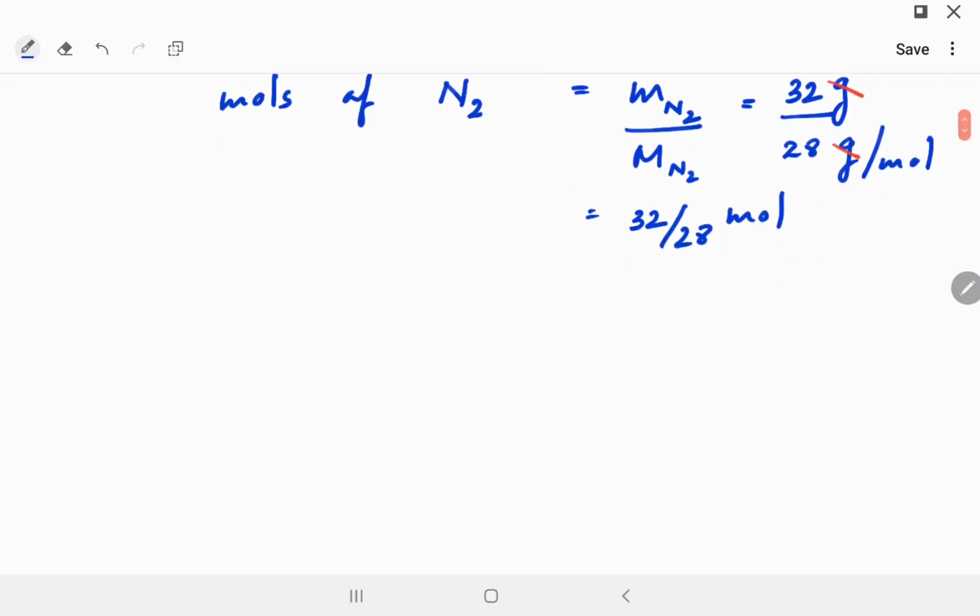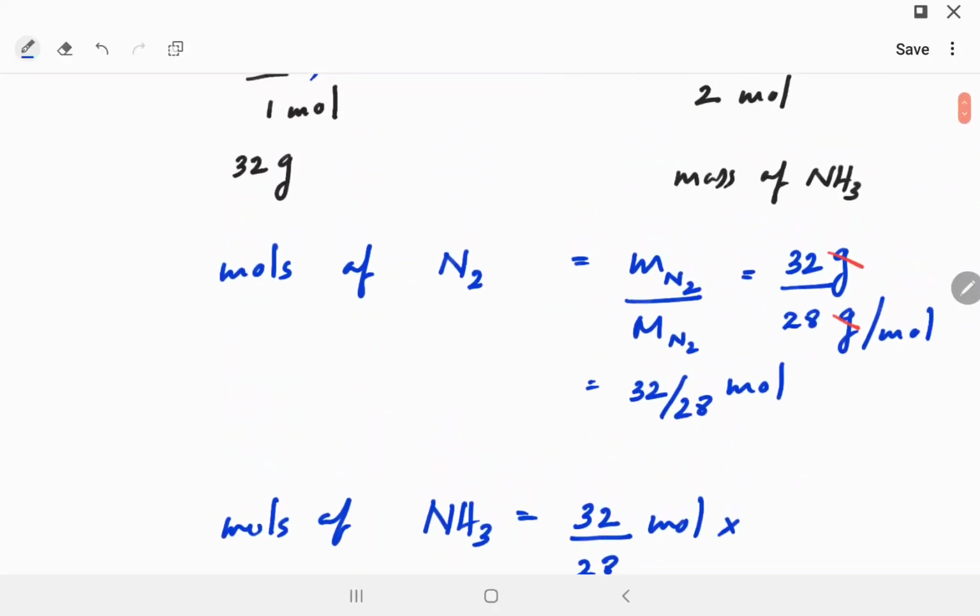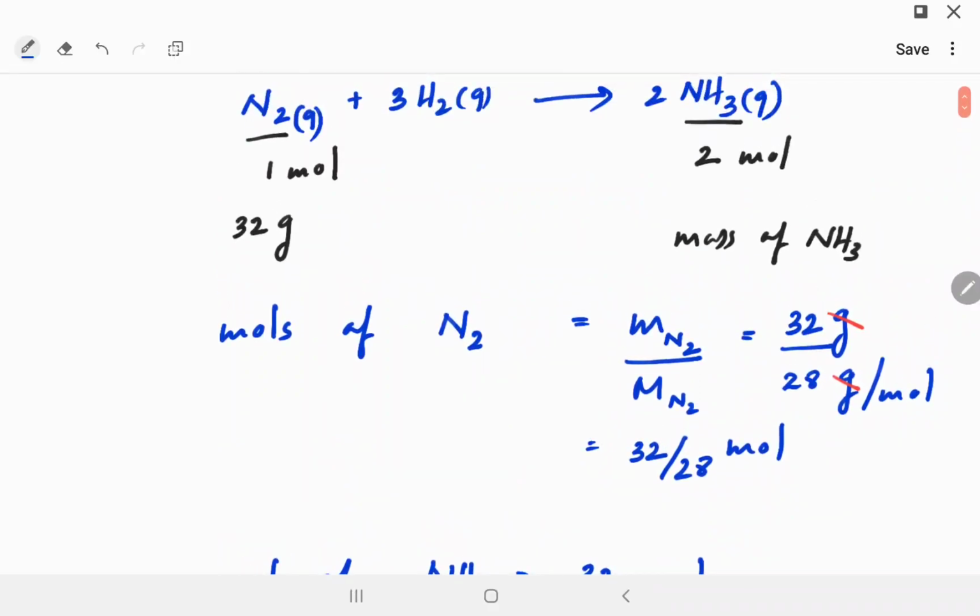But we need to know the moles of ammonia. To do that, you will start with the moles of nitrogen, and then multiply it by a mole factor that involves the stoichiometric coefficients for nitrogen and ammonia.